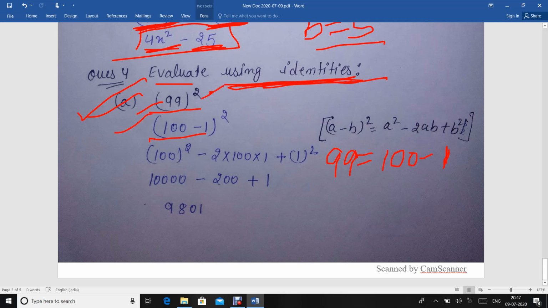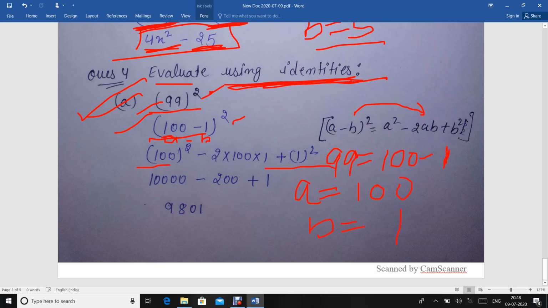Now you can see that it is (a minus b) whole square, and you have learnt earlier that (a minus b) whole square is equal to a square minus 2ab plus b square. Here you can see clearly that a is equal to 100 and b is equal to 1.